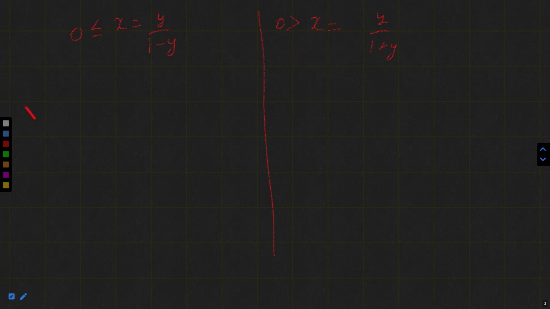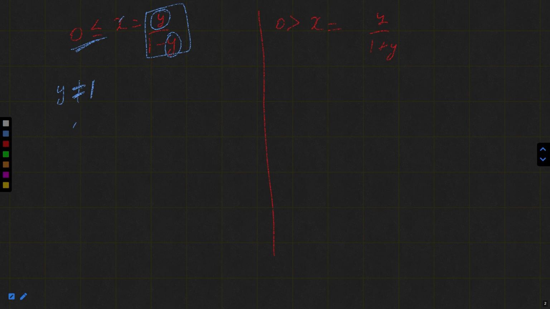Now just think of what values you can take from the real numbers so that you get this whole expression as a non-negative real number. First of all, the denominator cannot be equal to 0, so one restriction is that y cannot be equal to 1.